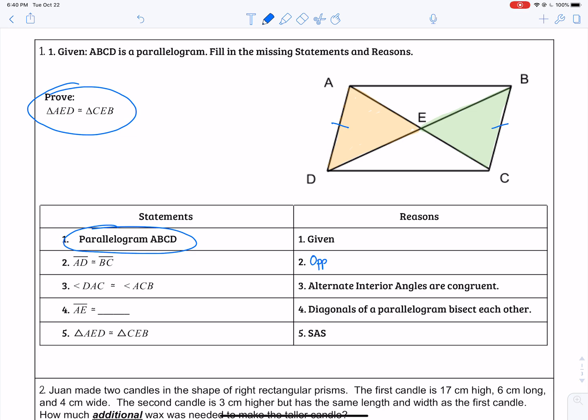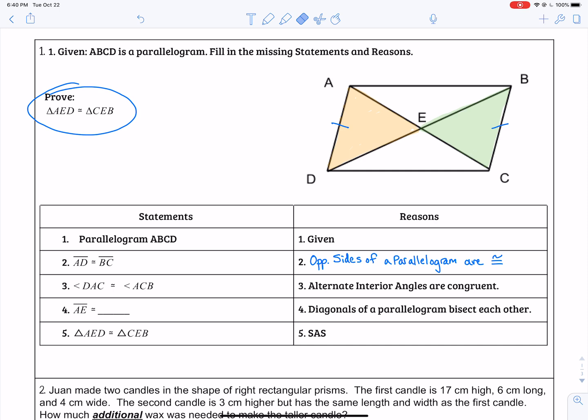We could say opposite sides of a parallelogram are congruent. Make sure my volume's turned up. All right. You could also say definition of a parallelogram, and that would be okay. But I like to write the one that states the property so I can practice the properties.